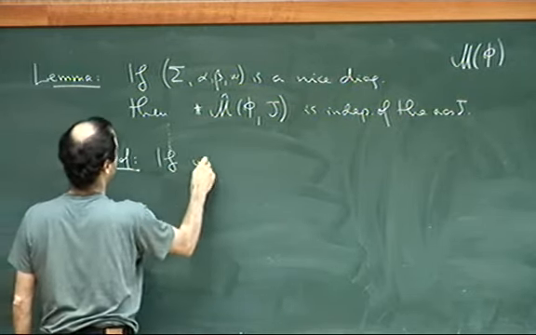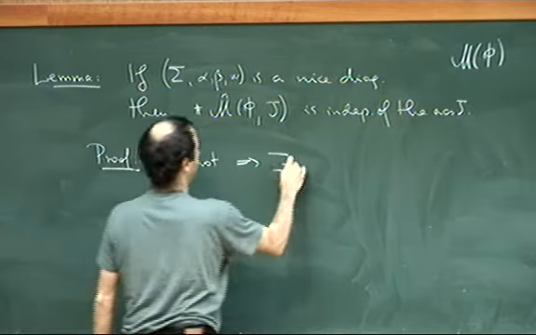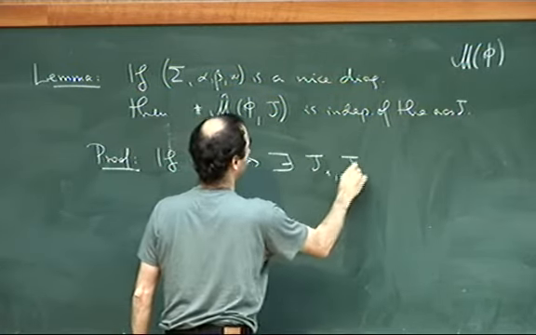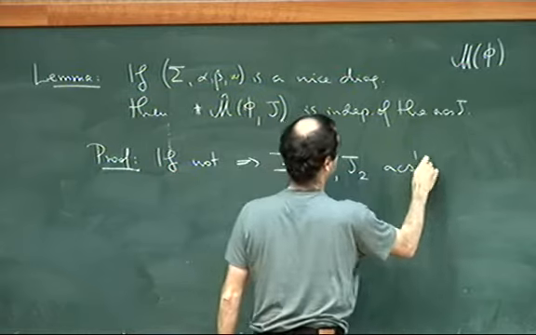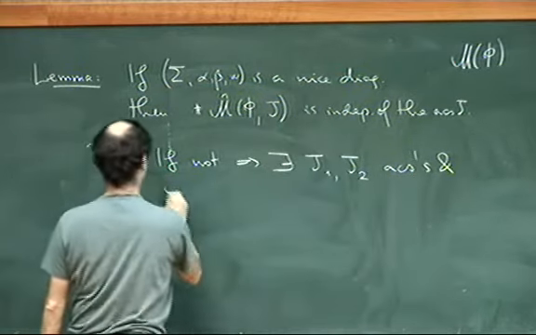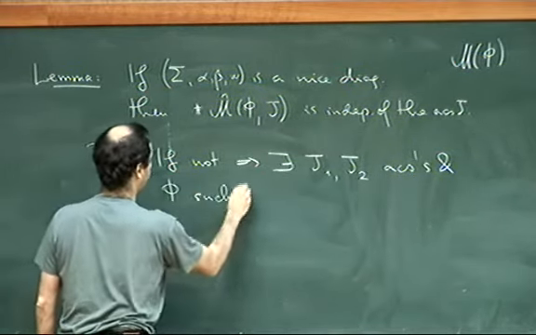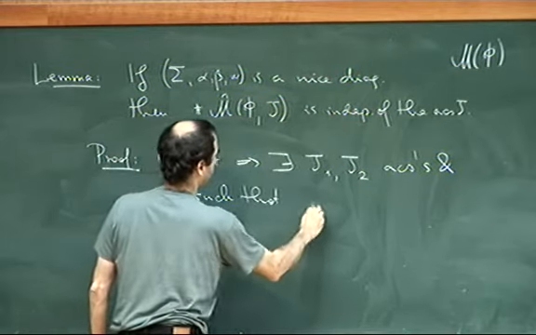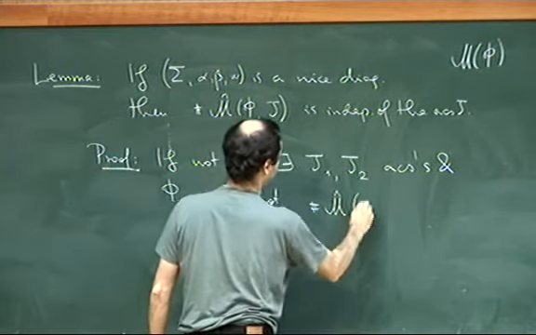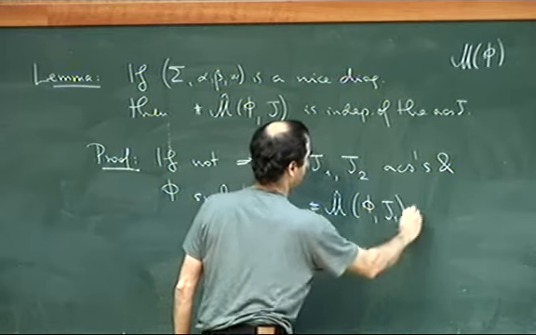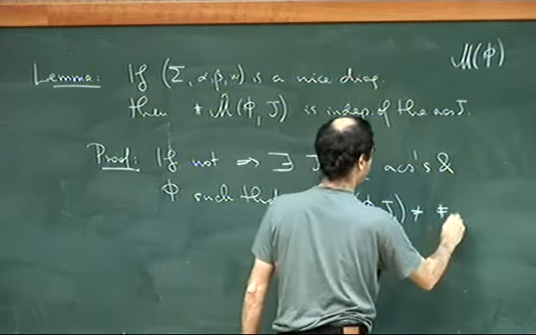If not, then there are two almost complex structures and a phi such that this number is not equal to that.